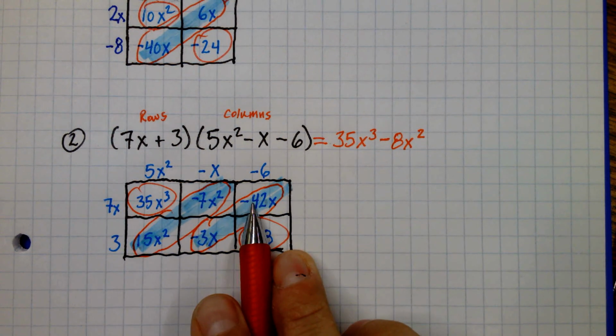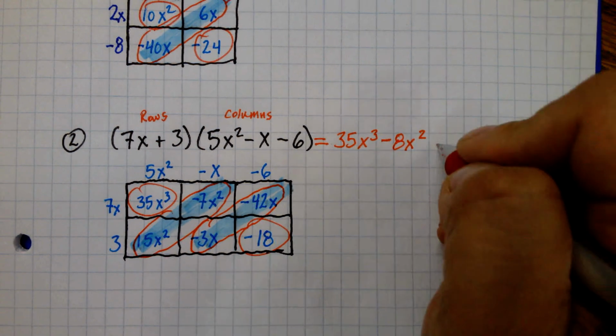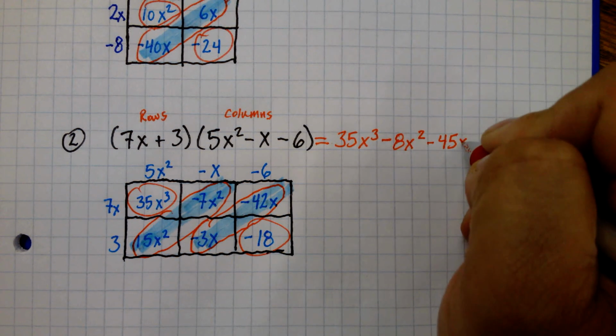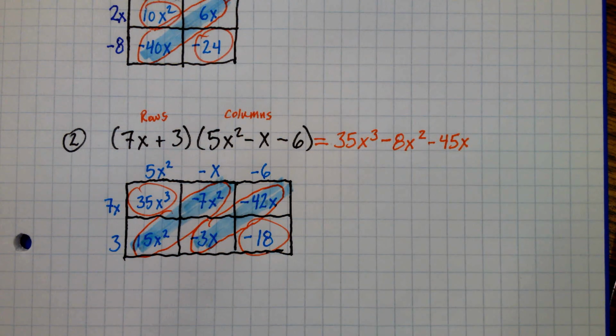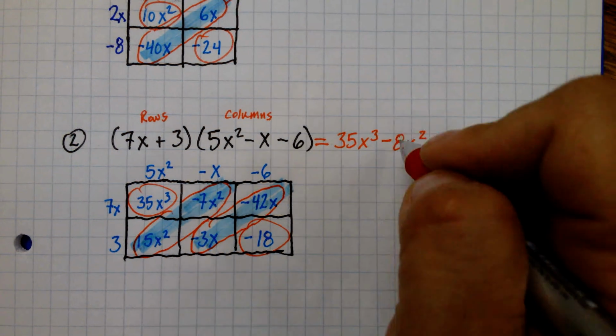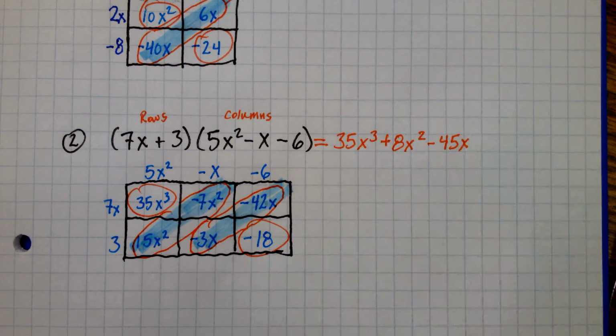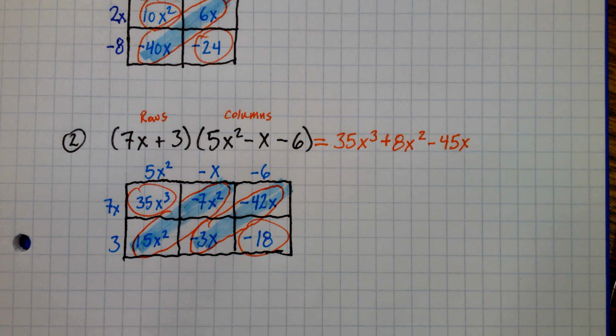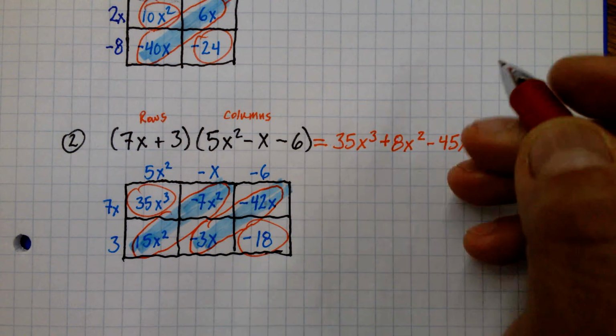Negative 3x and negative 42x. Negative 45x. Yes. Oh, did I? Oh, yes, it is plus 8x squared. Thank you. Good catch. And oh, no, we're not done. Negative 18.